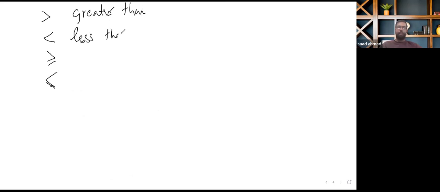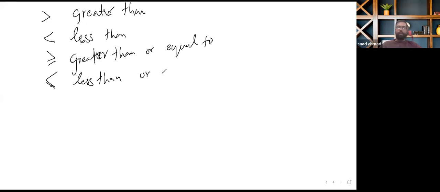Similarly, instead of one variable equations, if the expressions are connected with these signs, this sign is greater than, this is the sign for less than, this is greater than or equal to, and the last one is less than or equal to.